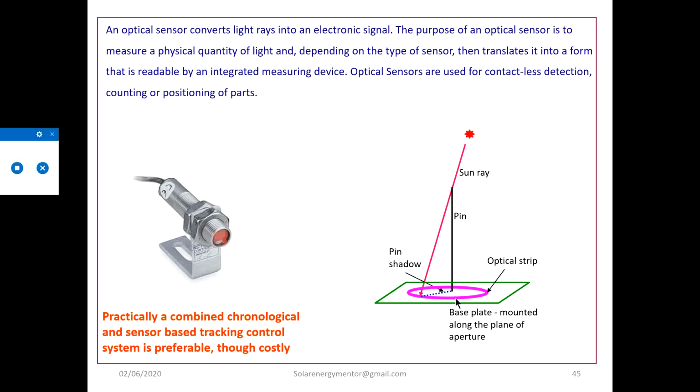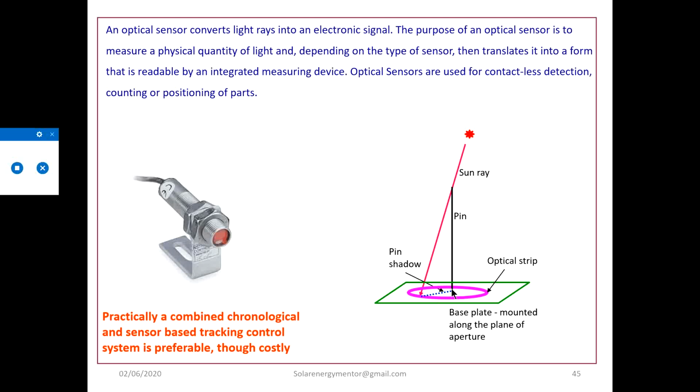The optical strip is fixed on this base plate in a circle, and this circle indicates the acceptance angle of the collector. Suppose the acceptance angle of the collector is 1.5 degrees. Then this radius, in relation to the height of the pin, this shadow radius, indicates the acceptance angle.